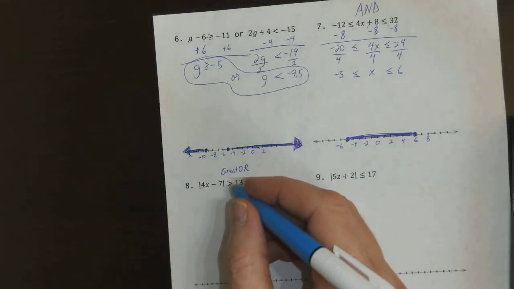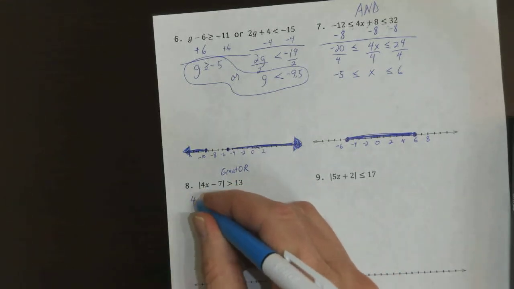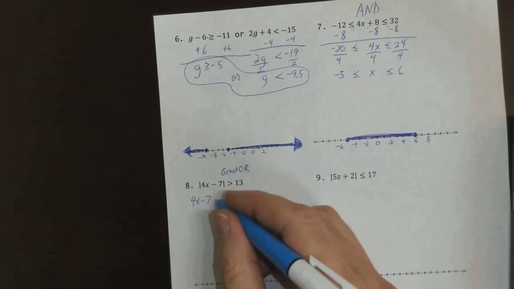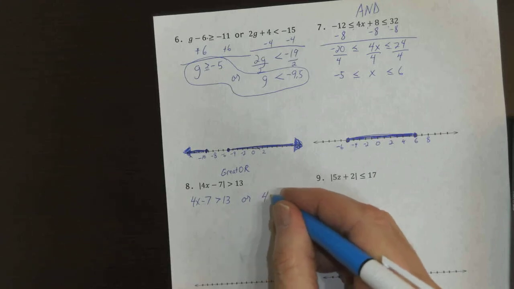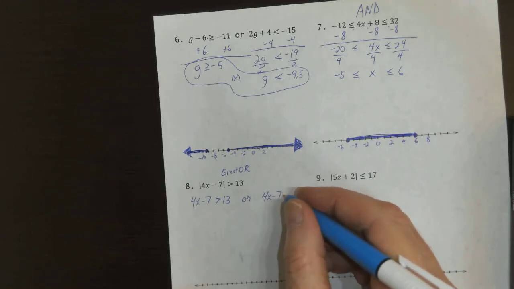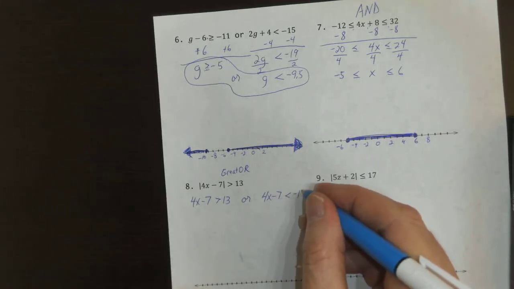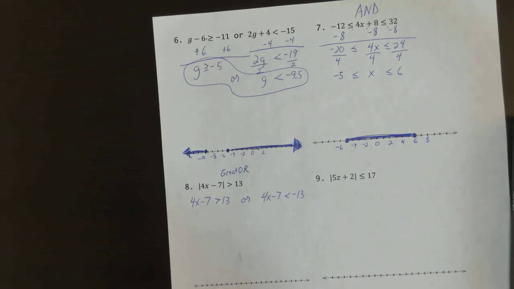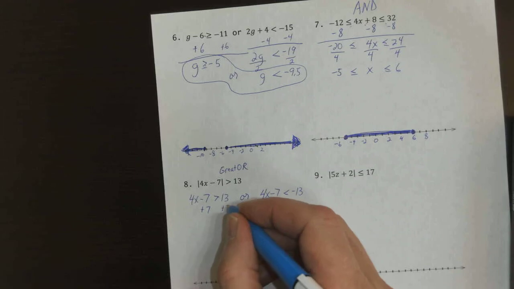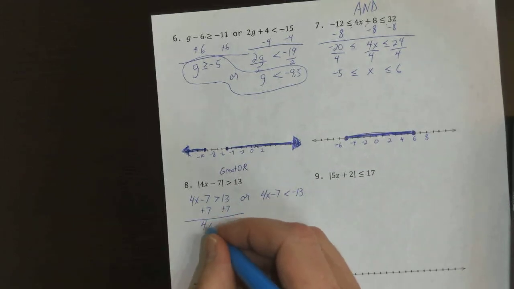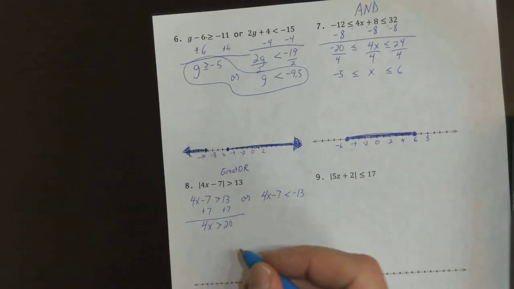So, great OR, I'm going to write 4x minus 7. I'm going to split now. Is greater than 13. Or 4x minus 7 is less than -13. I'm going to add 7 to both sides here and have 4x is greater than 20.